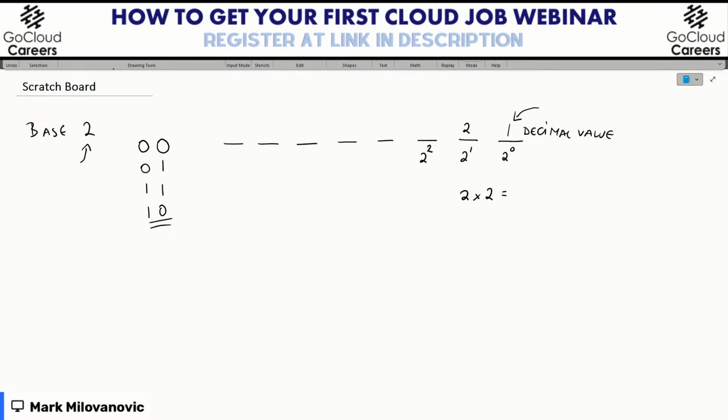Yep, that's 4. And I want you all to keep something in the back of your minds, and you're going to hear me say this quite often. As we go through the lesson today, I want you to pay attention and see if you can notice patterns, because that's going to be very important in making your life easy when it comes to subnetting, is noticing patterns and then adjusting to them and using them.